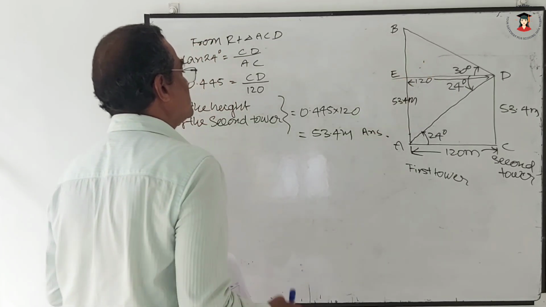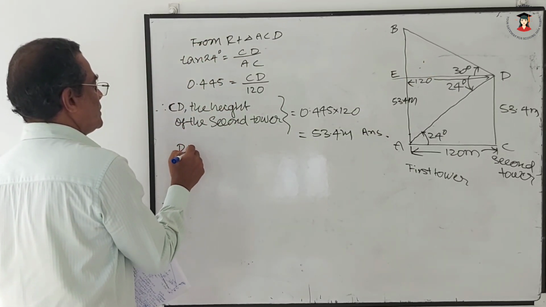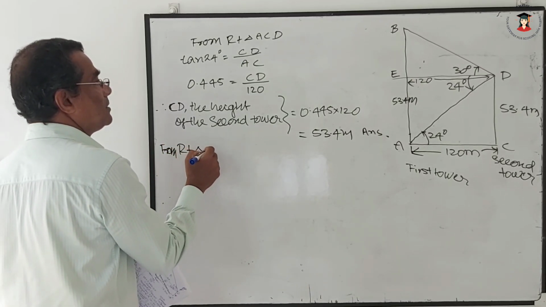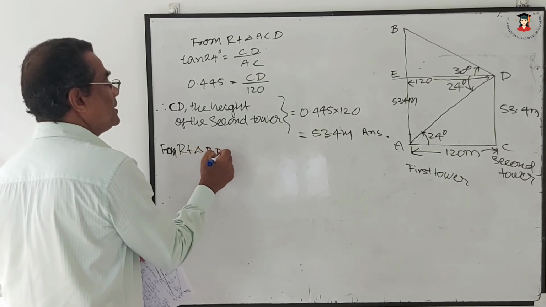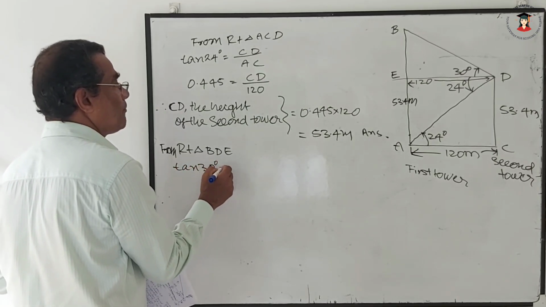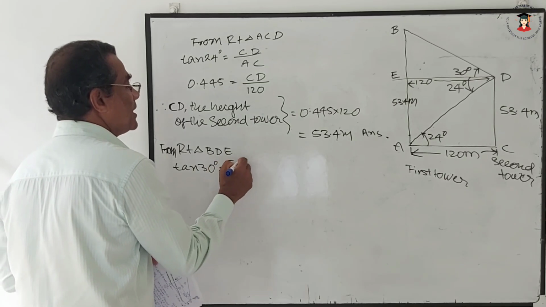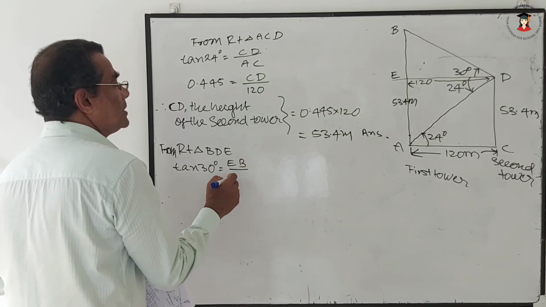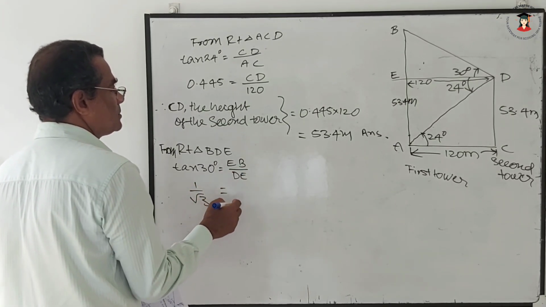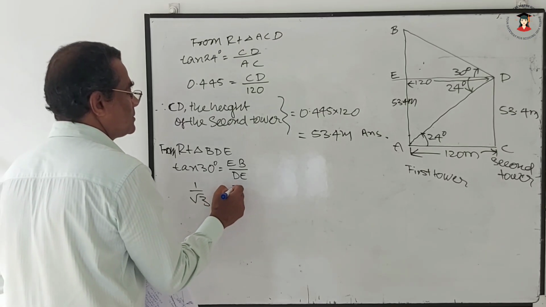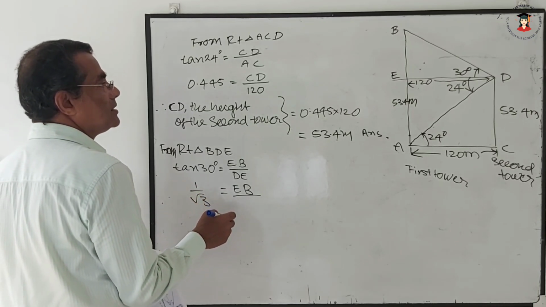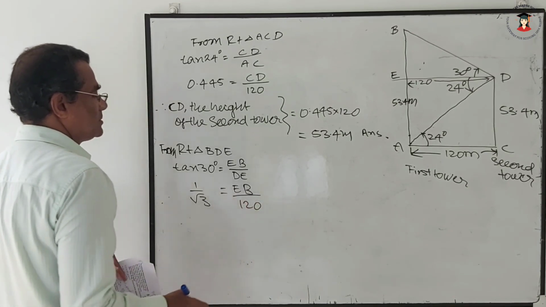Consider this triangle, that is from right triangle BDE, tan 30 equals EB by DE. 1 by root 3 equals EB by DE, that is 120.